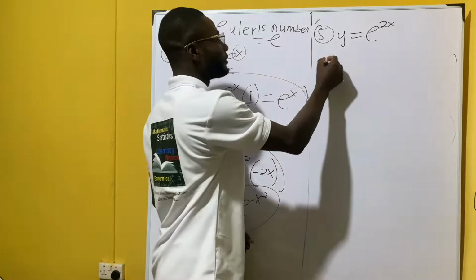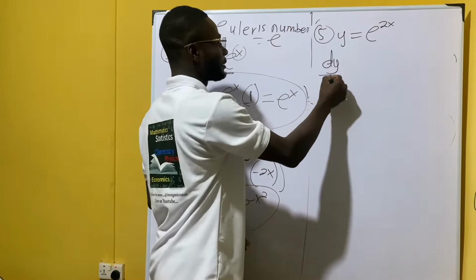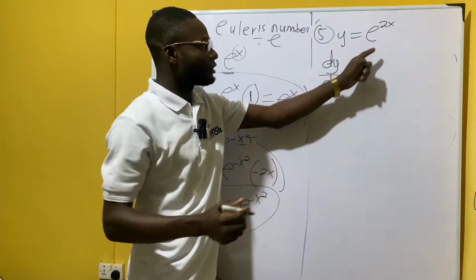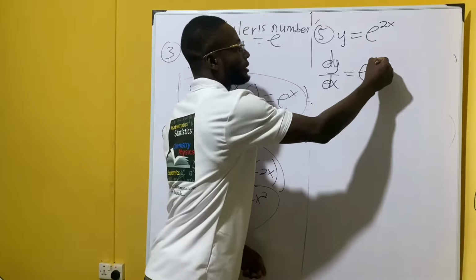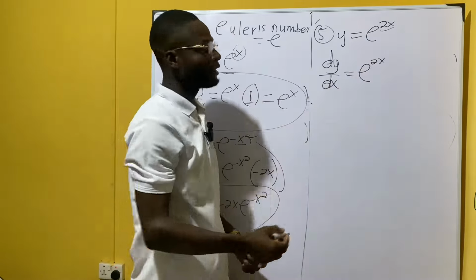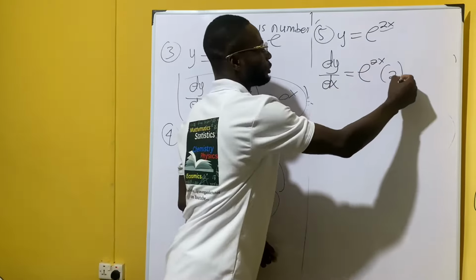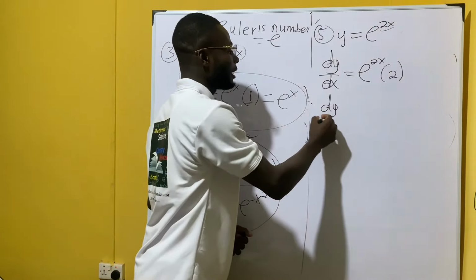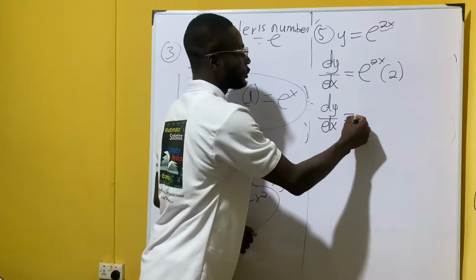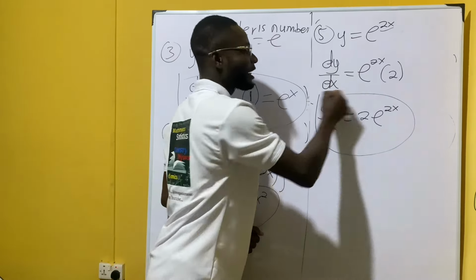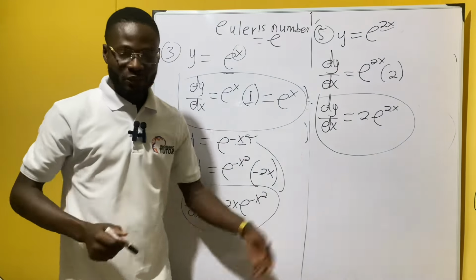So we have dy dx will be equal to maintain the function, which is e power 2x, then differentiate the exponent here, then we have 2. So we have dy dx equals 2 e power 2x. And that becomes the final answer to the problem.